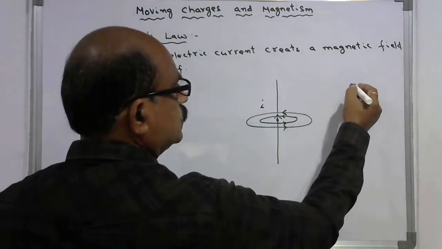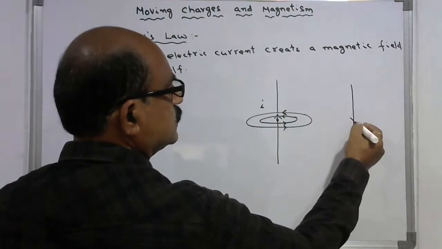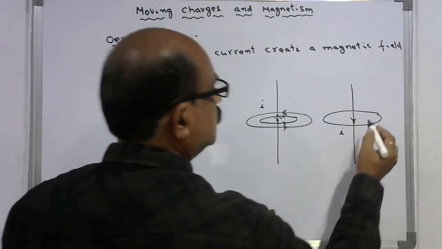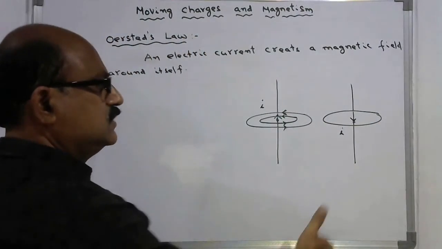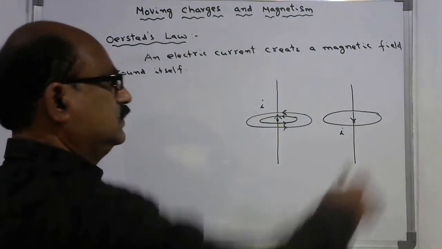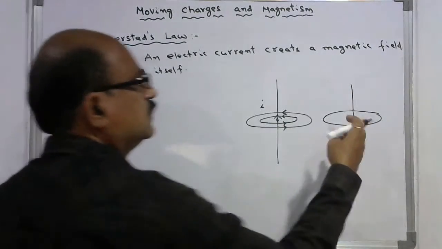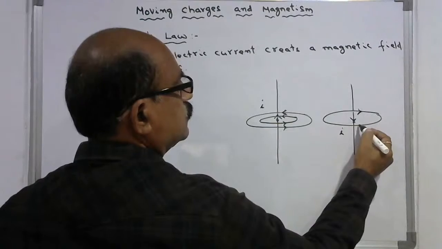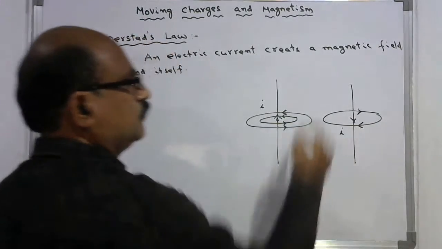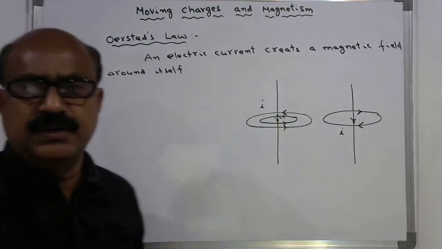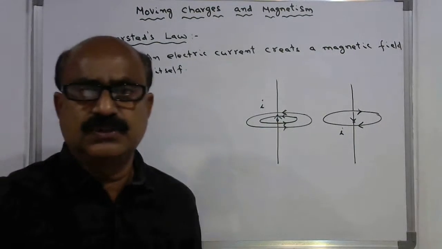And if the current is reversed, then the magnetic field direction is reversed. So the magnetic field direction depends on the direction of the current.